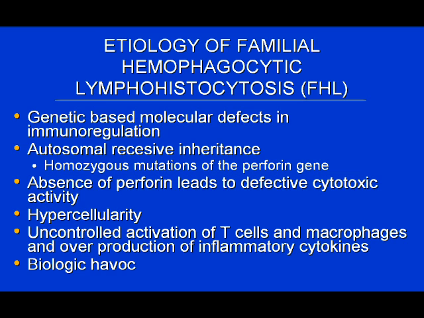Okay. So what causes this phenomenon? The morphology in the bone marrow can look very similar, whether it's the familial type or the infection-associated type. But what causes this? Well, until the last dozen years or so, it wasn't certain. We knew that there was an autosomal recessive inheritance pattern in the inherited form of this disease, but what the abnormality was really was not known until about a dozen years ago.